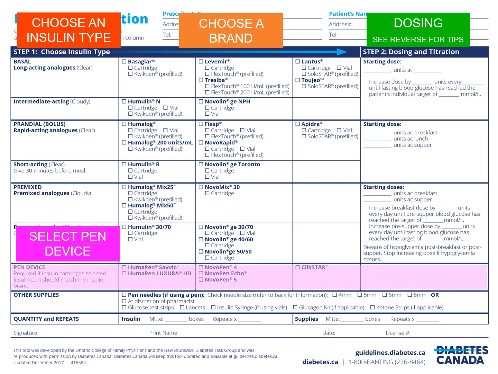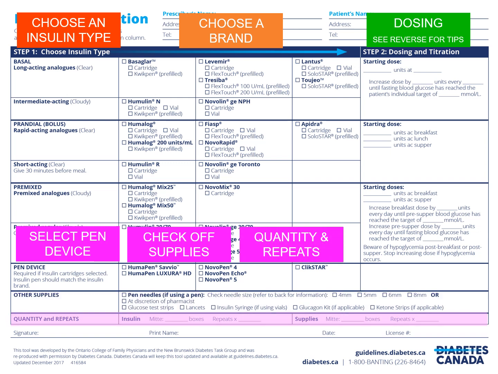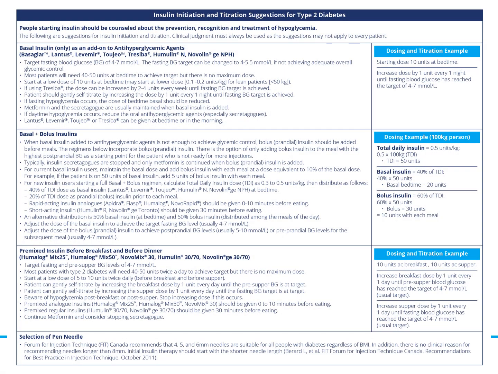You then select a pen device, check off the supplies that they'll need, specify the quantity and the repeats, sign and date, and then fax or transmit it to the pharmacy. The reverse side of the document contains more detailed instructions on insulin initiation and titration.